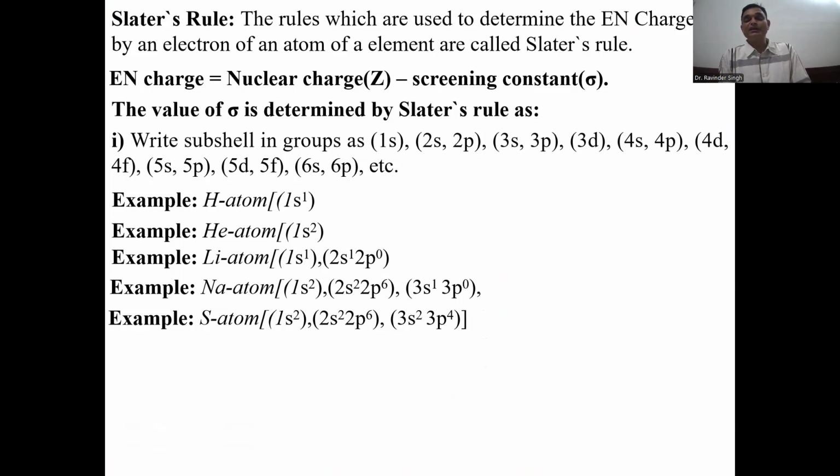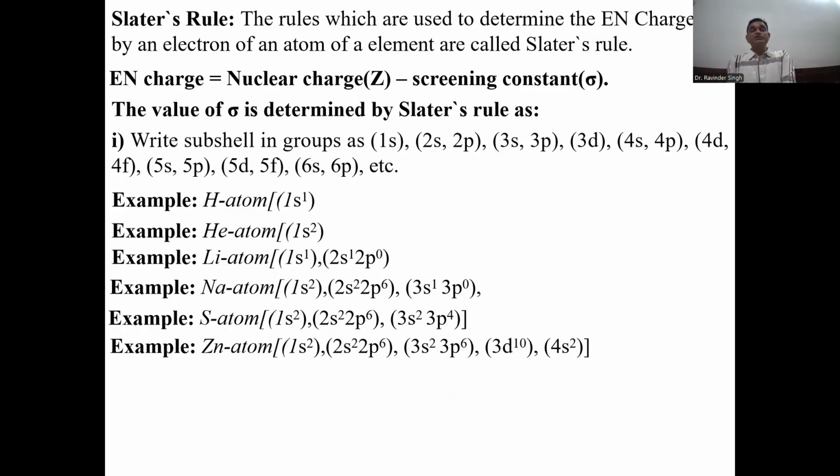In the second shell, there are only s and p, so s and p are always kept together, so that's the second group of 2s and 2p. In the third shell, the configuration completes only up to 3p4, so the electrons are present only in s and p, so 3s2, 3p4 form the next group, and there is no electron further. So that is how the grouping takes place by following Slater's rule.